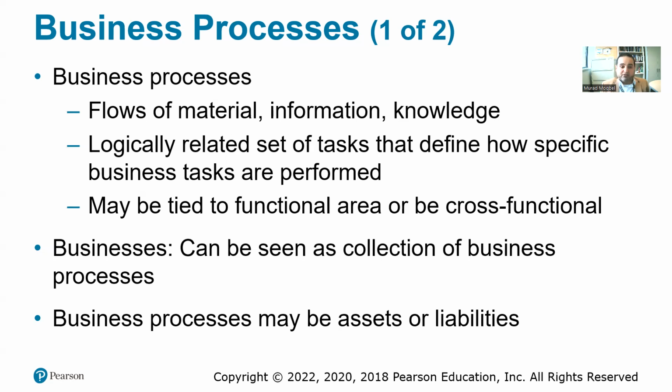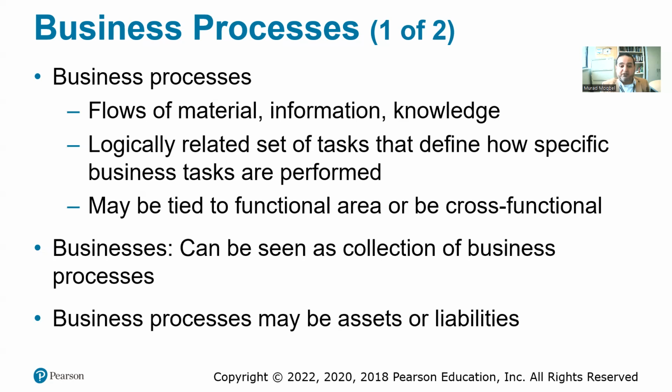Business processes can be an asset and they can also be a liability. A business process can be an asset when it is done effectively and efficiently. Efficiently means you do a business process with the least cost in terms of time, money, human capital, and so on. Do it faster with the least cost, right?